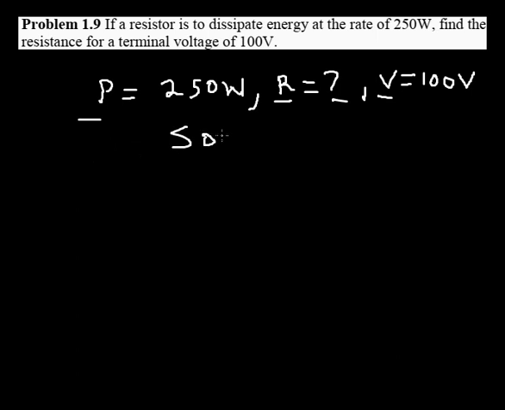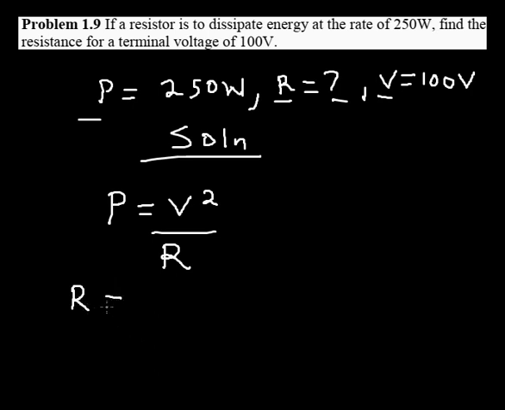Remember the relationship between power and voltage along with resistance is V square all over R. Hope you can still remember. So if I should cross multiply now, I make resistance the subject. So resistance is going to be equal to V square divided by the power. So the voltage is 100.